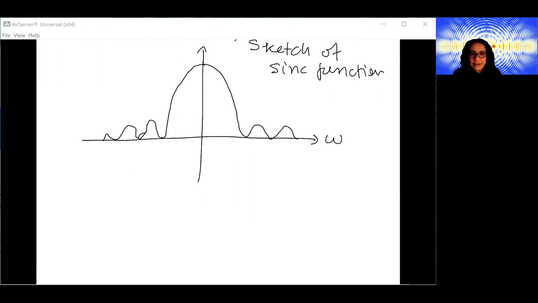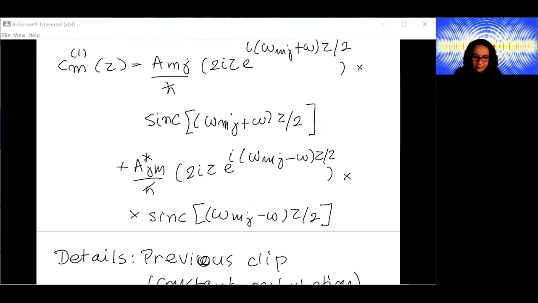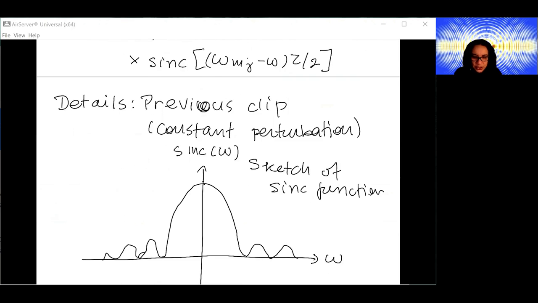And what we have now is these two. We have first sinc of (omega mj plus omega) tau over 2, and then we have sinc of (omega mj minus omega) tau over 2.